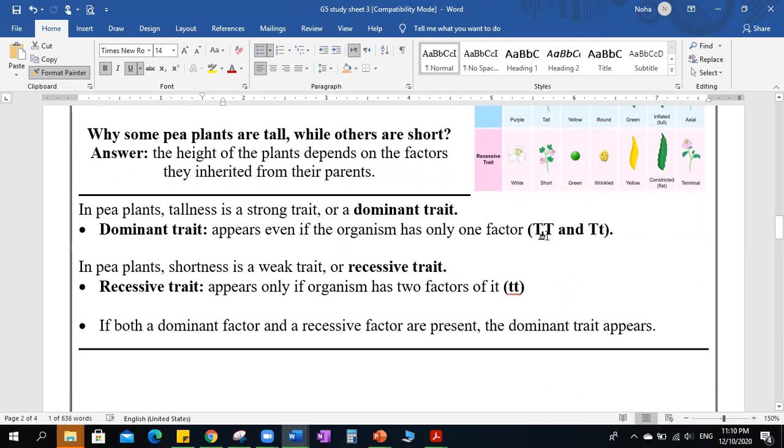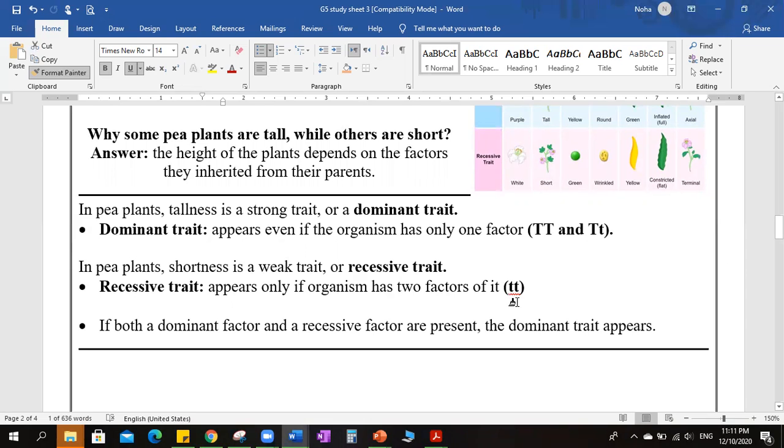Of course, these letters can change up to the trait itself, but what we mean here is that it could be with both capital letters or one capital letter and one small letter, and the capital letter still presents the dominant trait, and since it's the stronger one, it will appear even if there is one factor of it, not like the recessive trait that appears only if the organism has two factors of the recessive one.